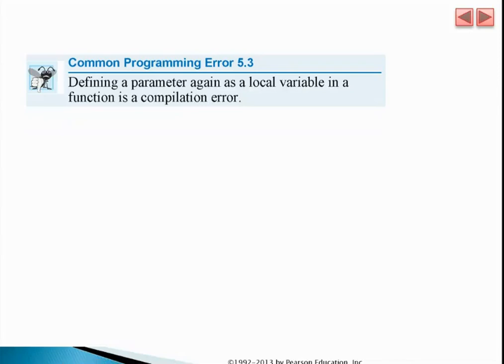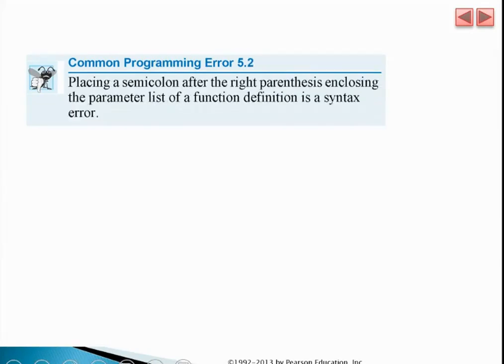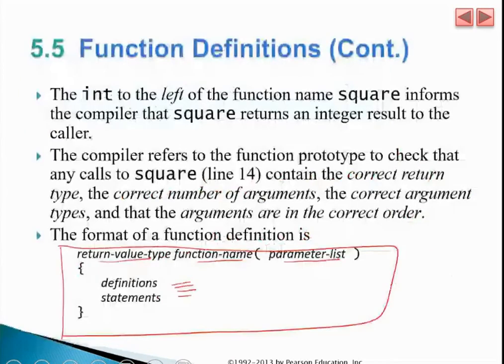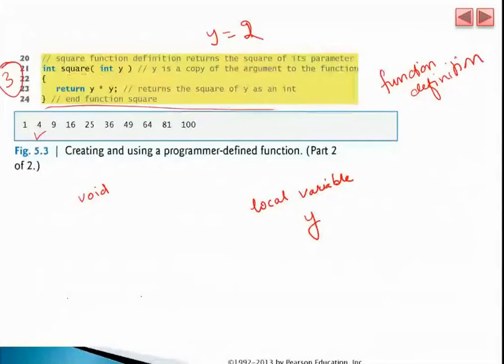Okay, defining a parameter again as a local variable in the function is a compiler error, right? So for example, in this we have seen int y, and suppose we again write int y here, then it will give you an error, because for this block y is already defined, right? So you cannot make two variables with the same name.